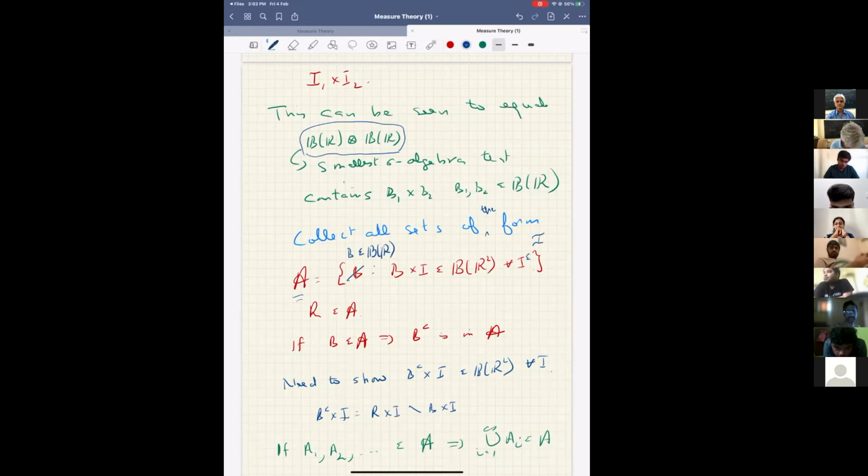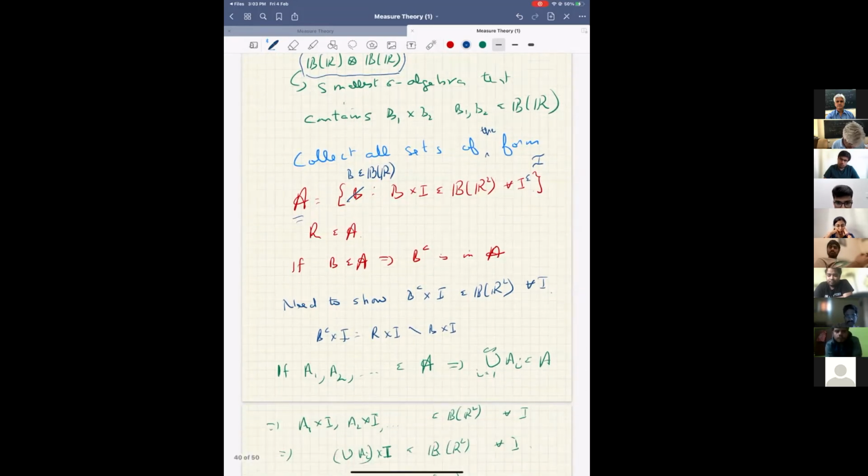Okay, so if B is in A, then B complement is in A. Let's just make sure that we get this right. What do we want to show? That B complement cross I is in B(R) square for all I. That's what we need to show. So B complement cross I is nothing but R cross I minus B cross I. Now think of a rectangle here.